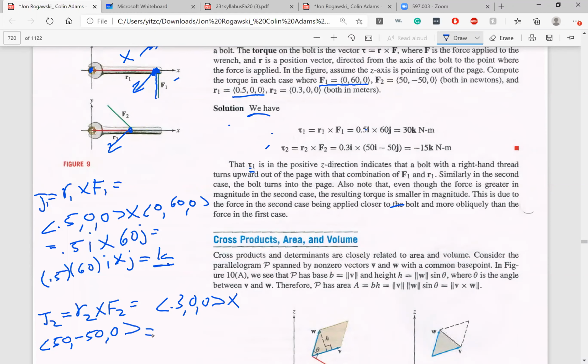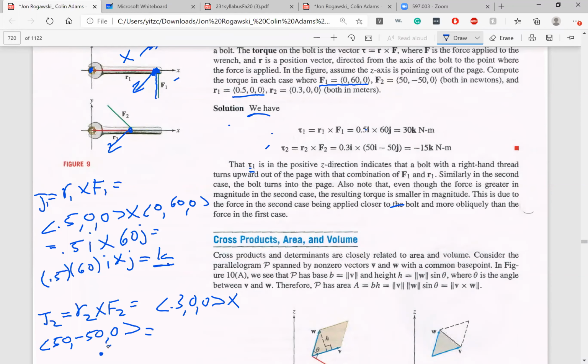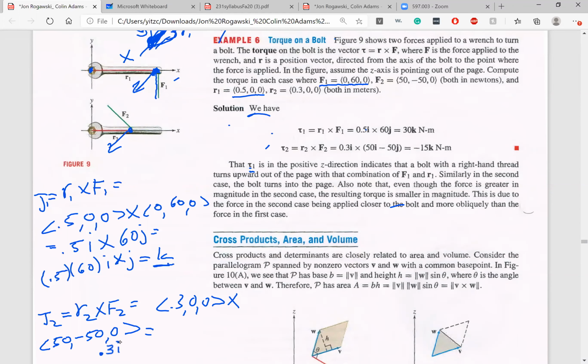Now we can do this with the cross product formula, or we can use the rules that we just learned. So this is 0.3i, and we can only do this because there's only one component in R2, this 0.3. Everything else is 0.